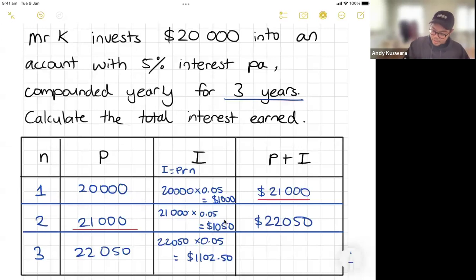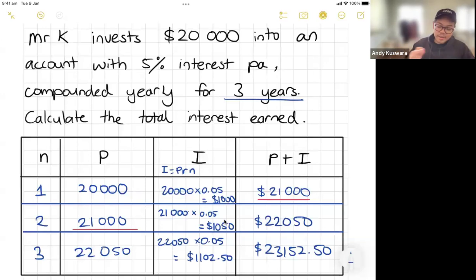And then how do I figure out how much I have at the end? Well, now I take 22,050 plus my 1,102.50. And that means I've got a total of $23,152.50.